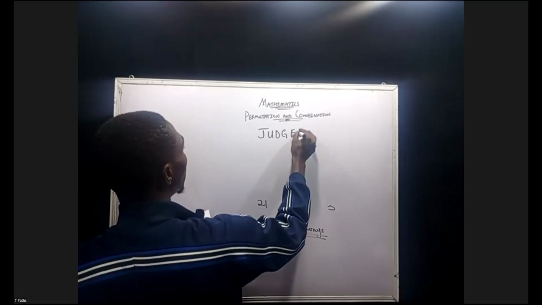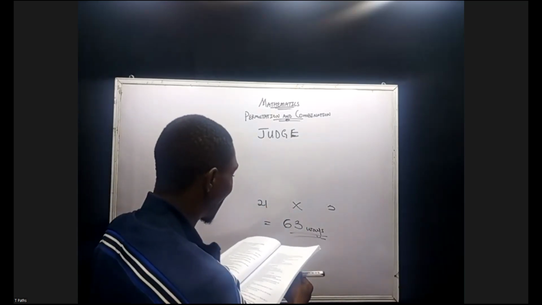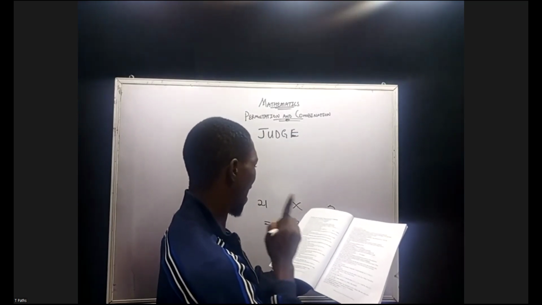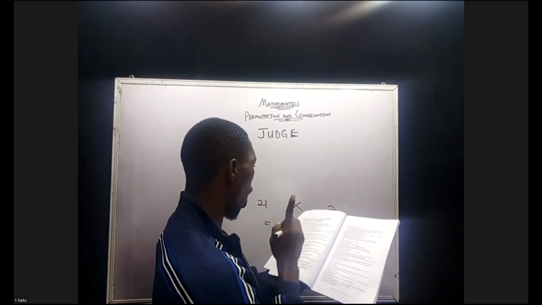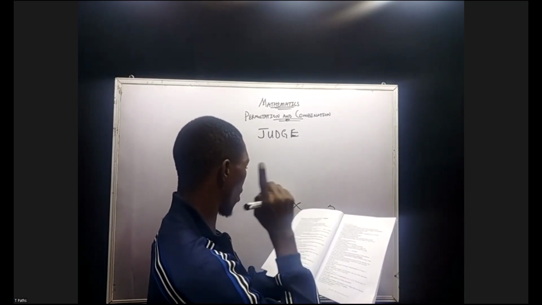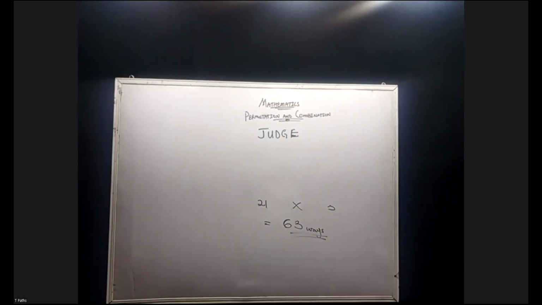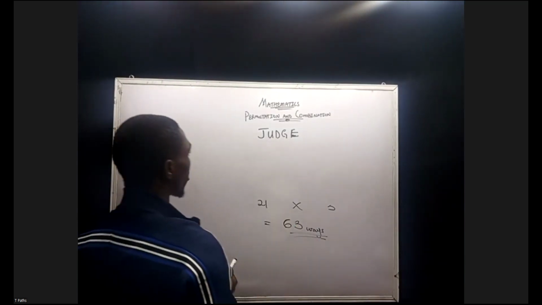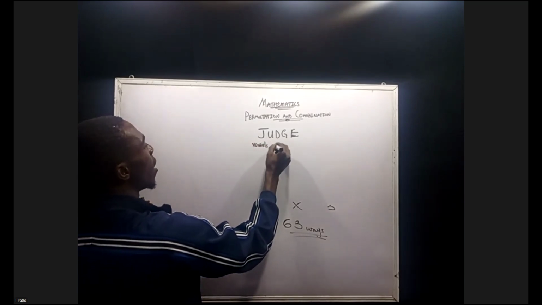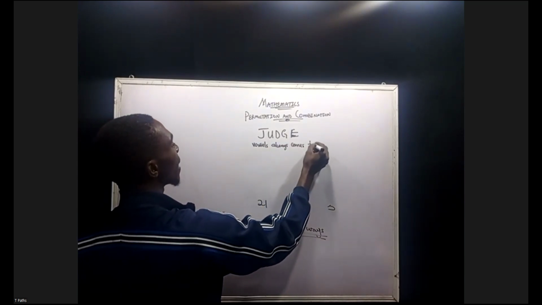J-U-D-G-E. Now, look at this word. They said, in how many ways can the letters of the word JUDGE be arranged such that vowels always come together? Now, the condition in the question says vowels always come together.